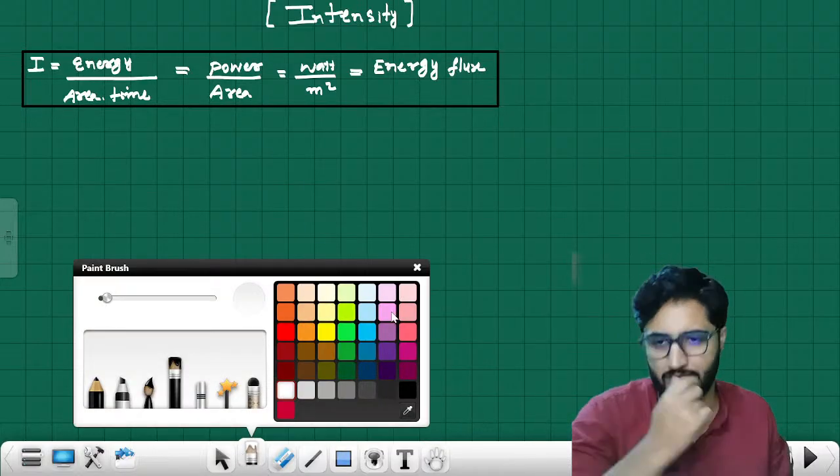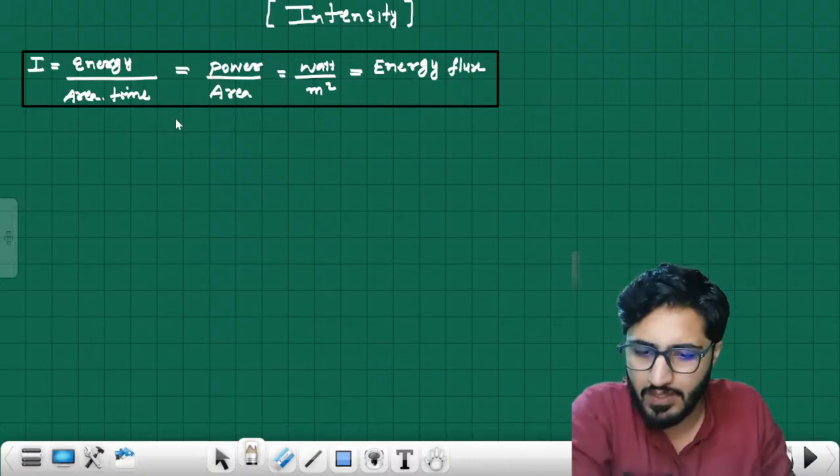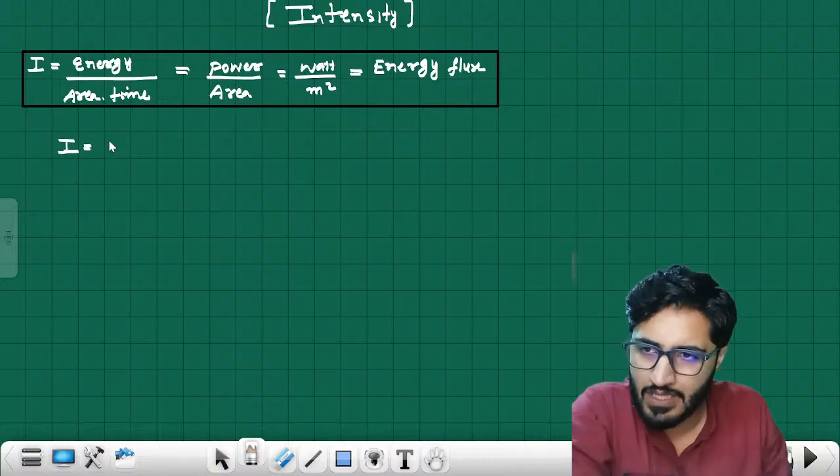Look now. What is the formula for intensity? Intensity is energy, and energy is h nu, area is A, time is t.